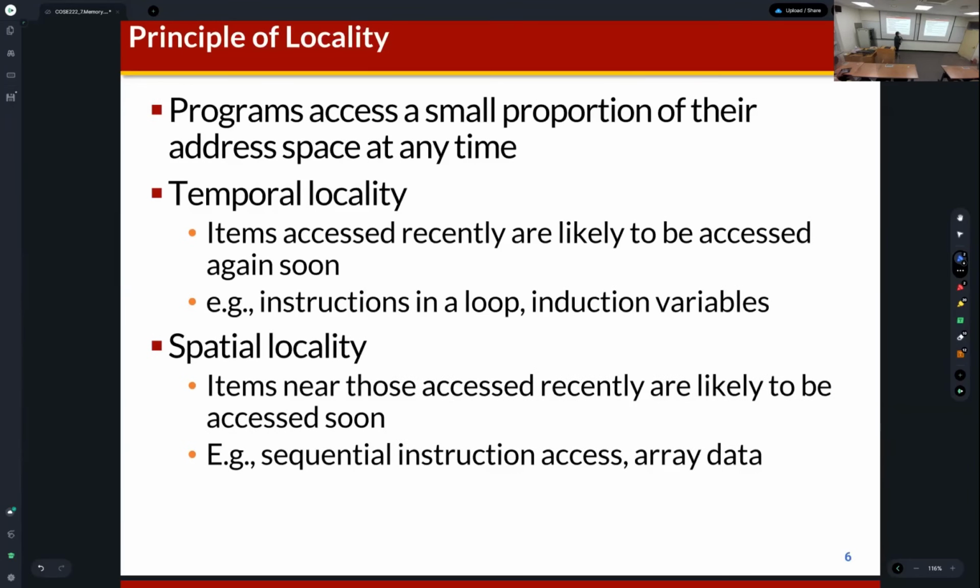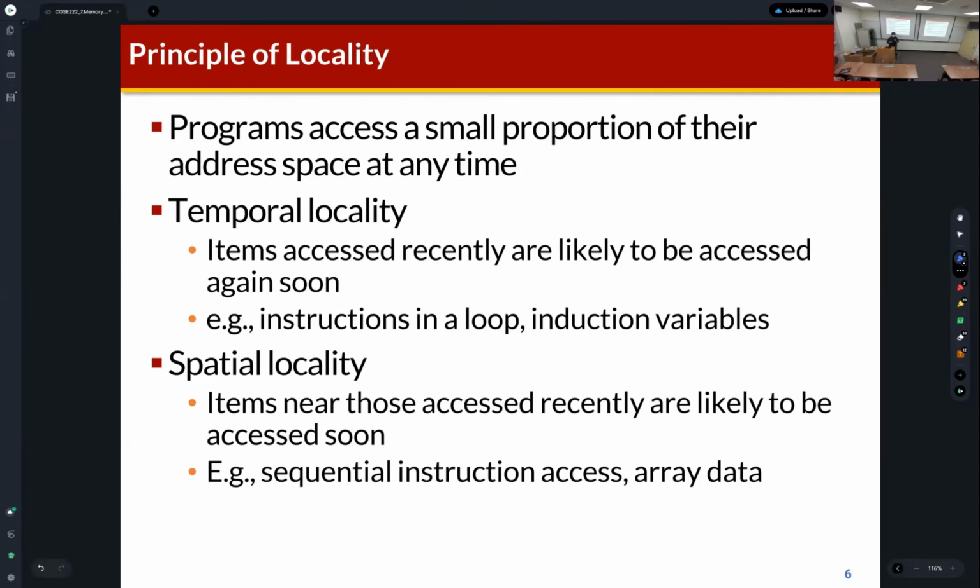When introducing the memory system, I will mention locality. Locality is called 지역성 in Korean, but I hope you can understand the meaning of locality.